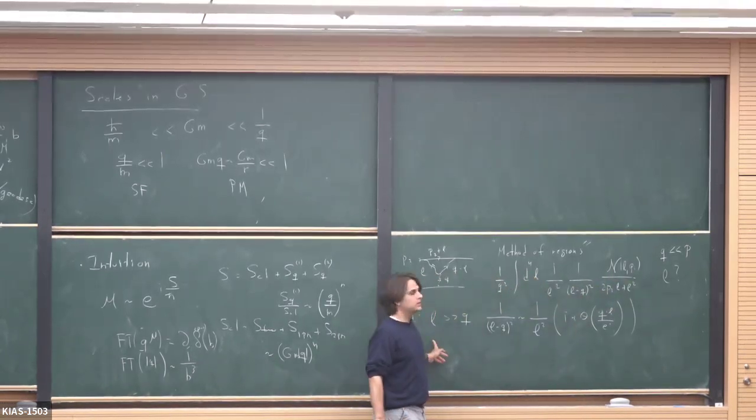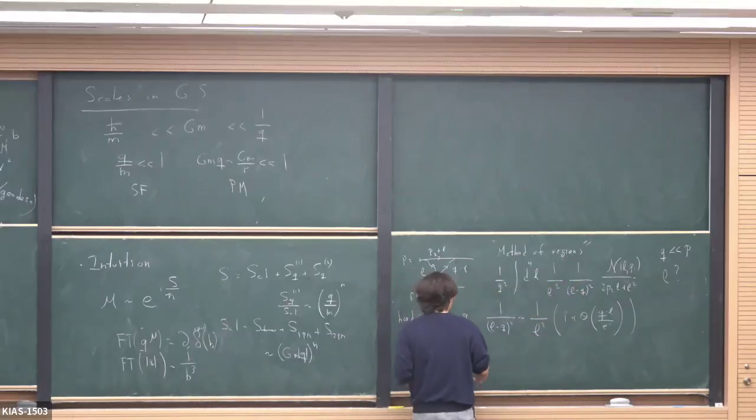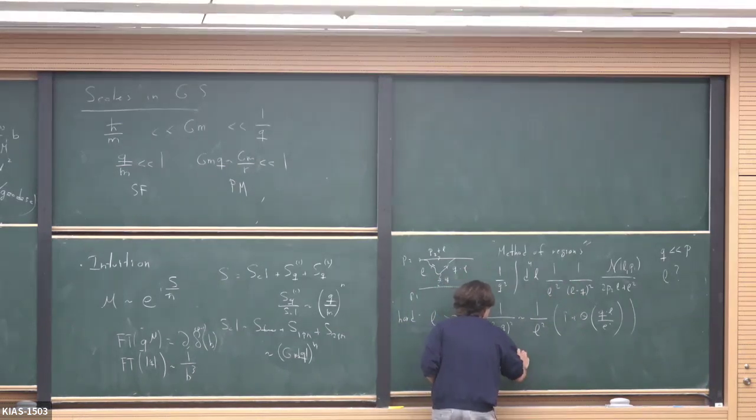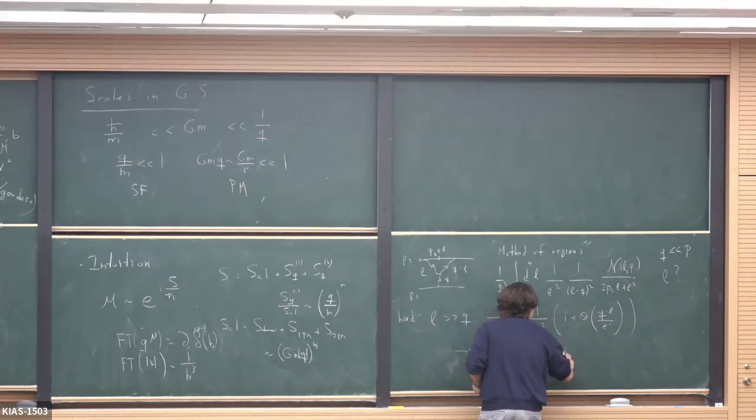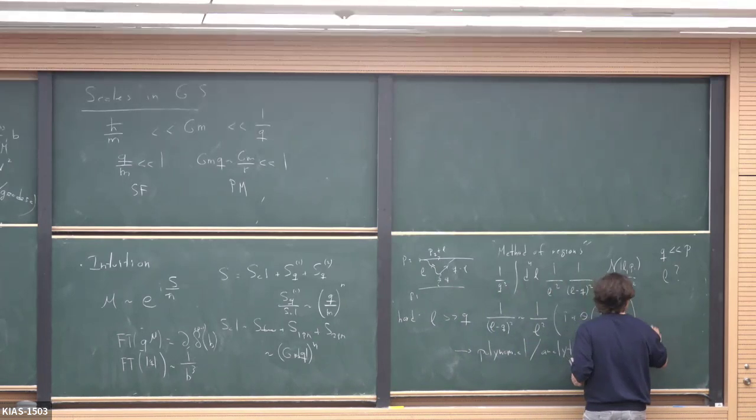So this hard region means that if I expand this amplitude in this hard region, then this is going to be polynomial in Q, or analytic. So this is short distance.